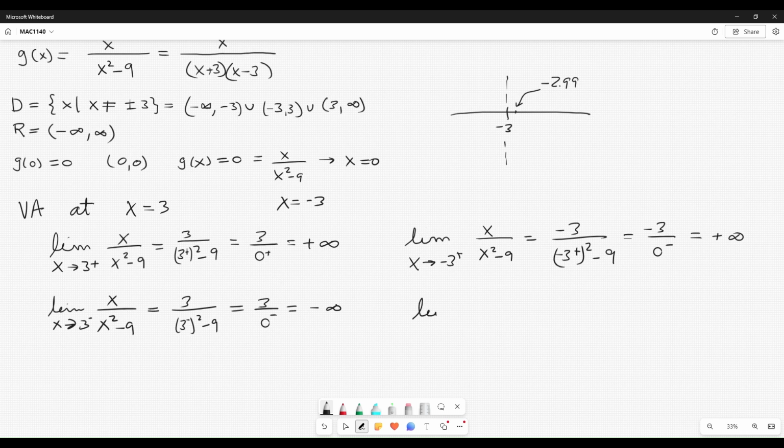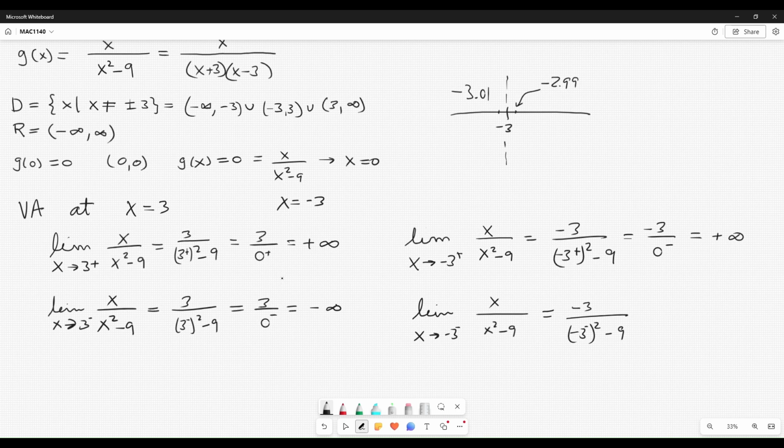And the limit when x approaches minus 3 from the left of x over x squared minus 9 is equal to, plugging it in, minus 3 over (minus 3 minus) squared minus 9. Okay, this is a number here. Suppose it's minus 3.01 something.